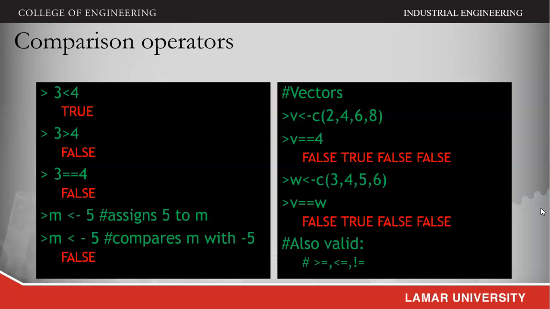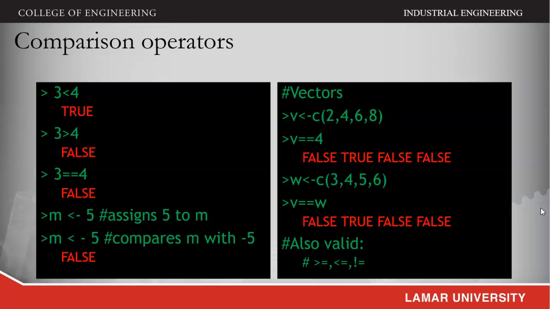Notice that because we're using the same characters, if we misplace the dash, we're going to have problems. The statement m, then immediately less than sign and dash 5, makes the assignment of 5 into the variable m.